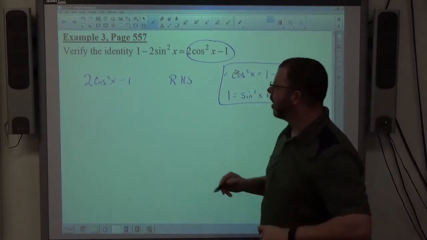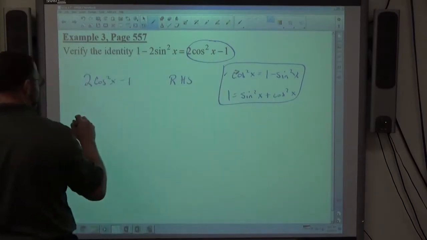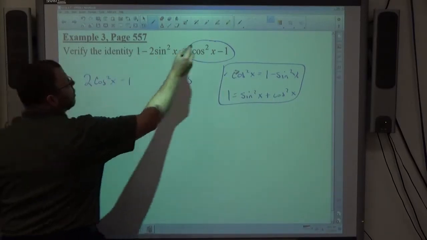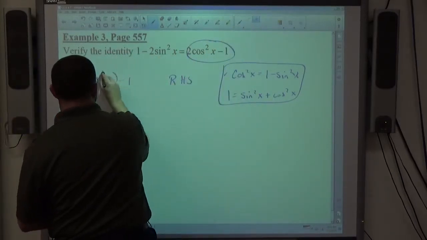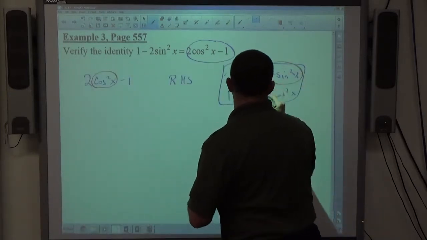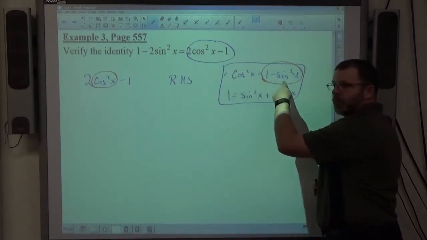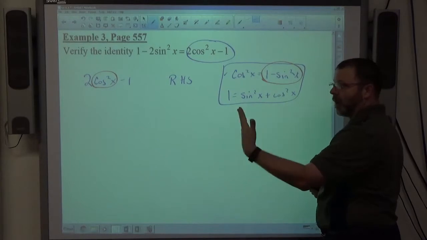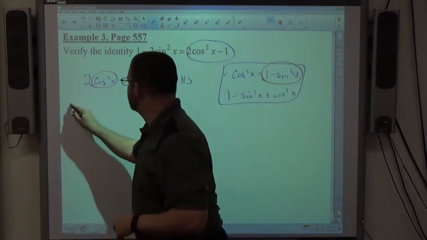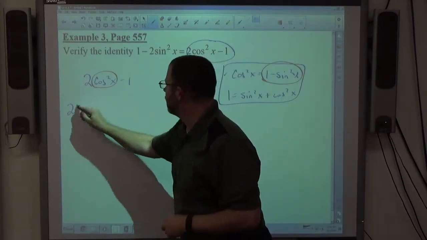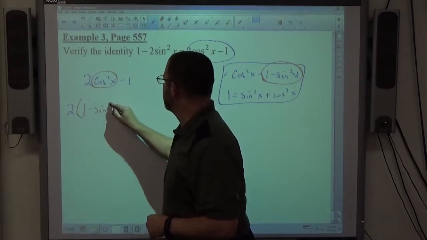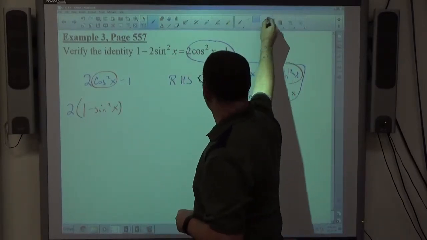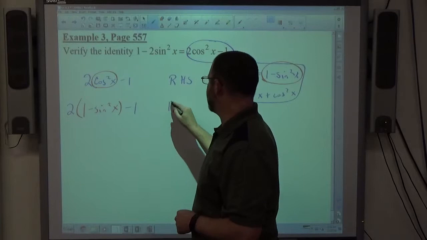Number 6? All right, so I'm going to change cosine. Oh, 7. Okay, so I'm going to change cosine squared into 1 minus sine squared. I'm replacing one object with multiple objects, right? So that requires parentheses. So 2 times 1 minus sine squared of x minus 1, and that's by number 7.